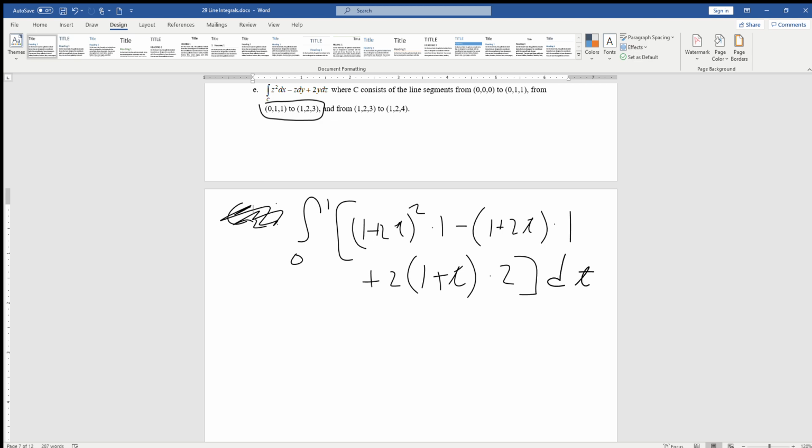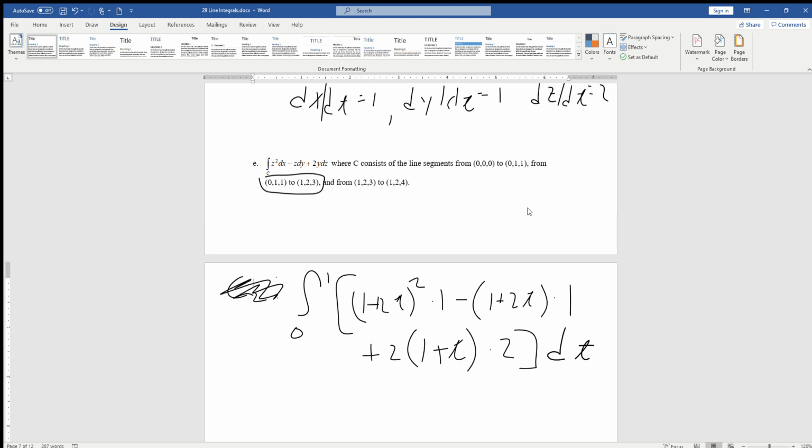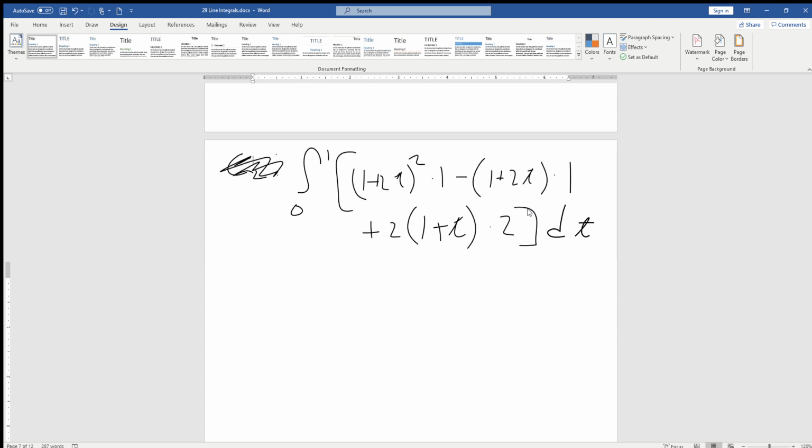Even though it looks like it's going to be a little bit of a pain, it won't be all that bad. All we have to do is take care when we're doing our evaluation.